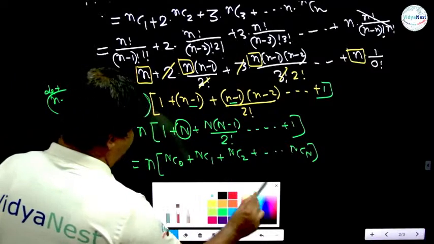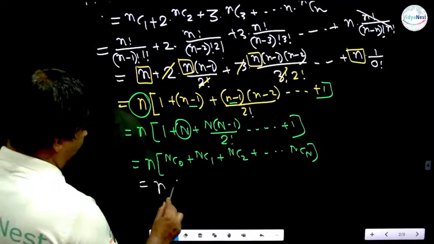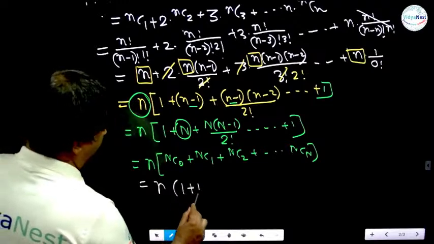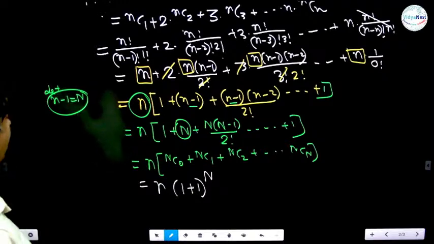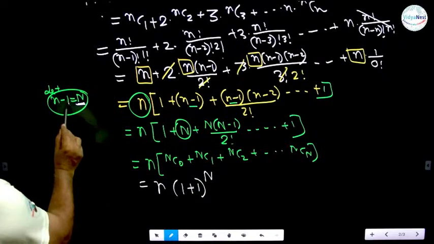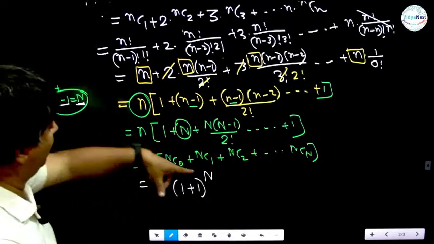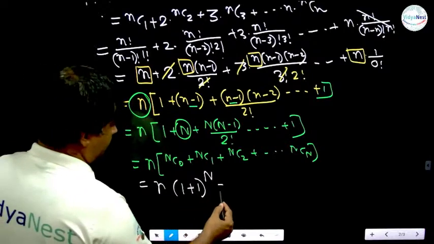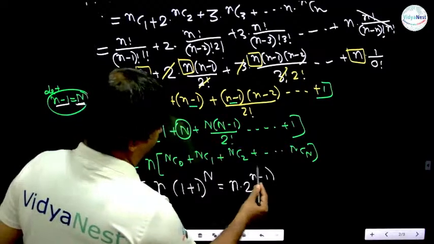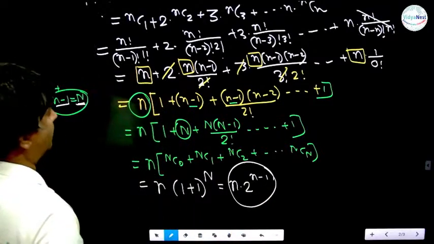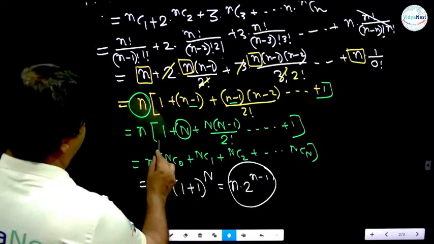So instead of this, I can write 1 plus 1 whole to the power capital N. Now substitute the value of capital N: drag that value and put it here. n into 1 plus 1 is 2 to the power n minus 1. This is the result of that expansion.